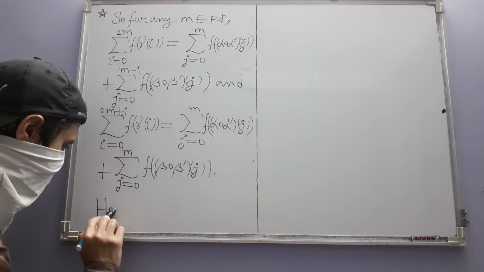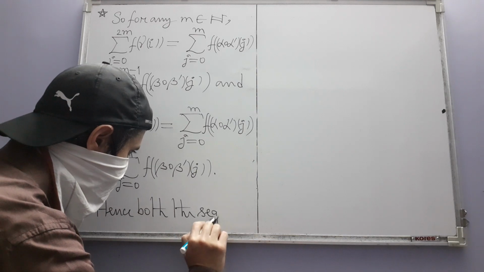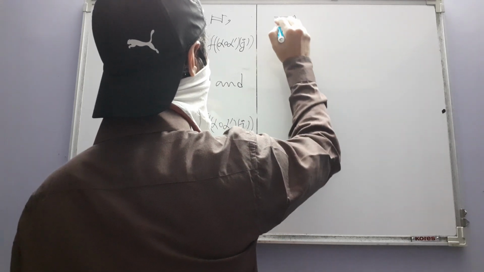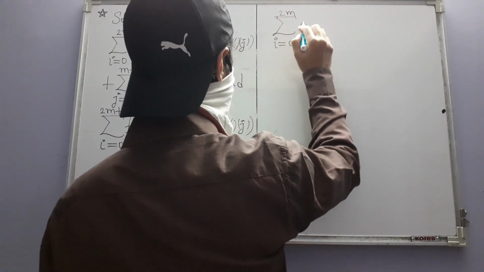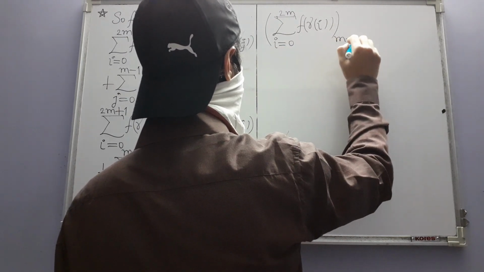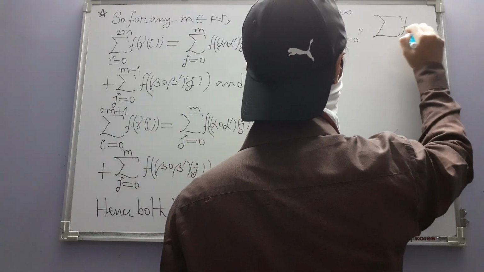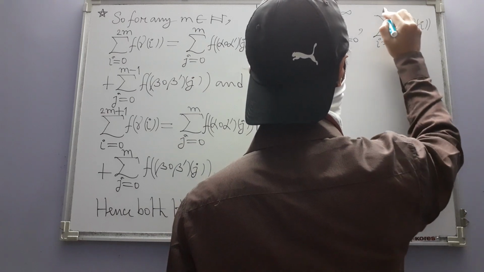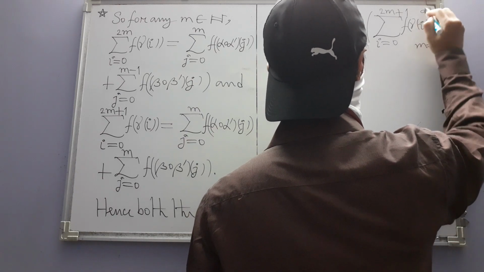Hence, both the sequences: the sum of i equal to 0 to 2m of f of gamma phi, as m varies from 0 to infinity, and the other one is the one where the sums are these. Here also m varies from 0 to infinity.